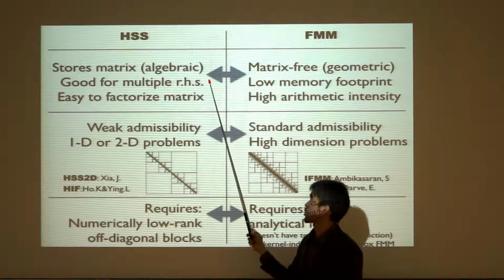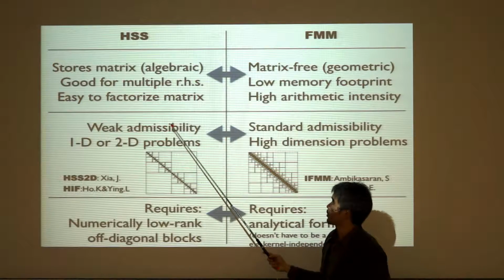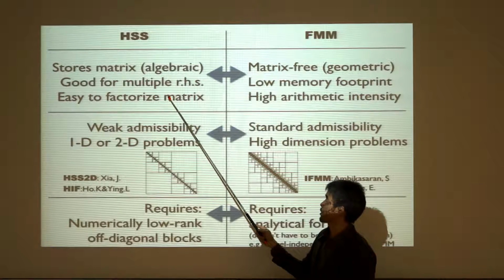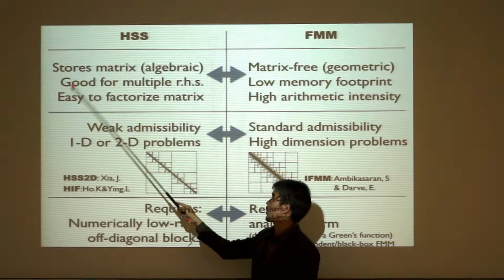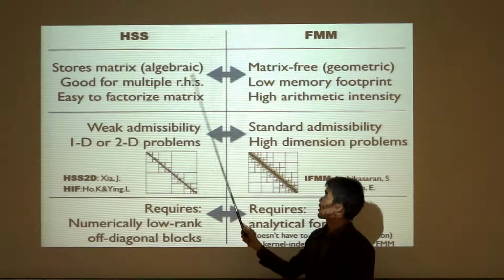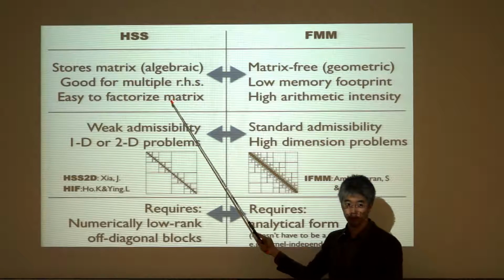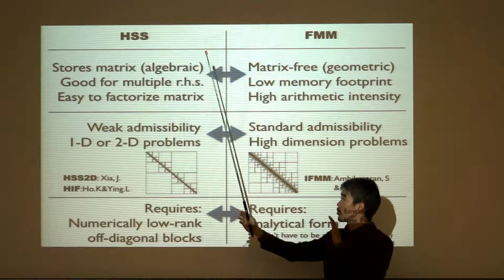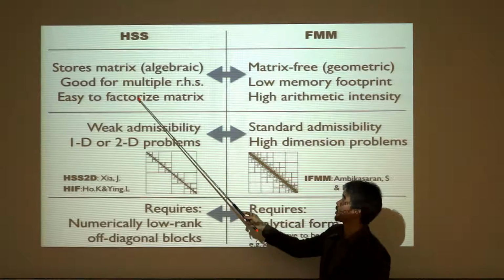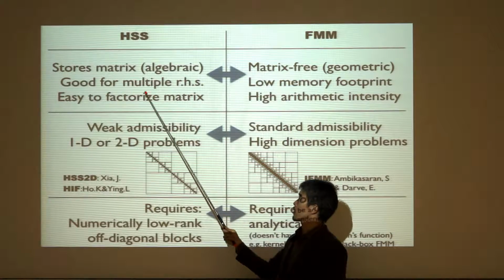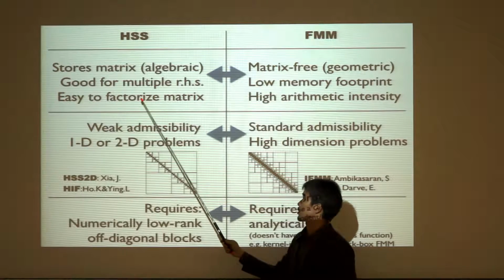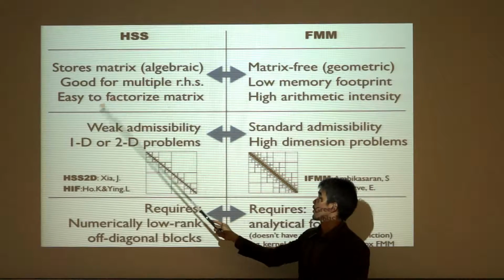So if you want to just apply it many times, or even do an LU factorization or Cholesky, and save that factorized hierarchical form, and just keep applying many times, then this is very useful. So you need to choose which one based on your objective. If you're solving a scientific problem that requires just one factorization and then many applies, and I'm talking about like thousands, then this will become very fast.